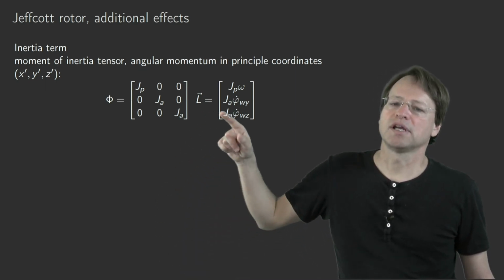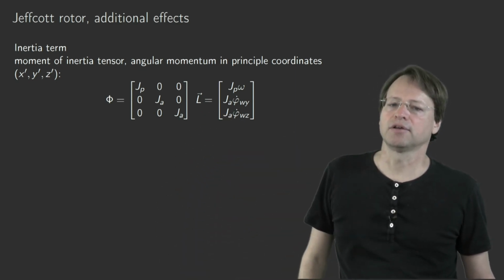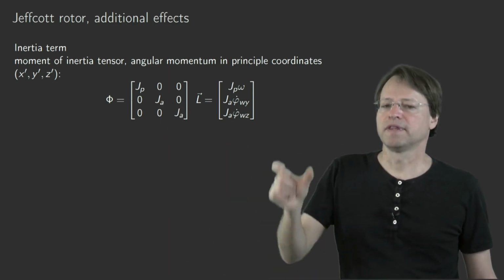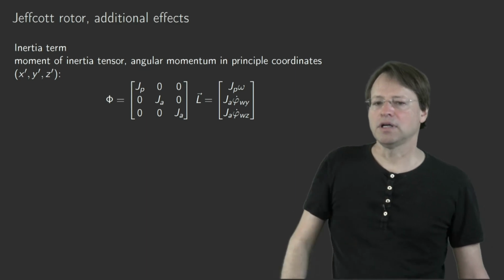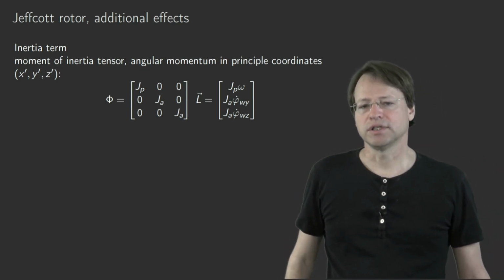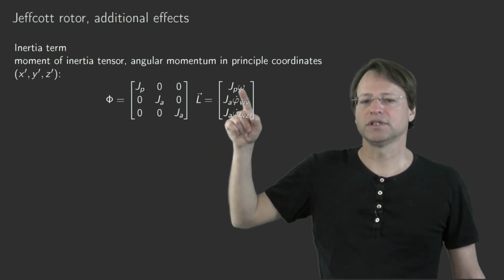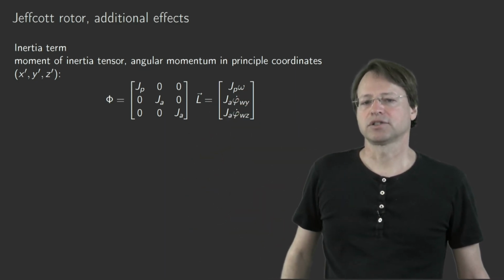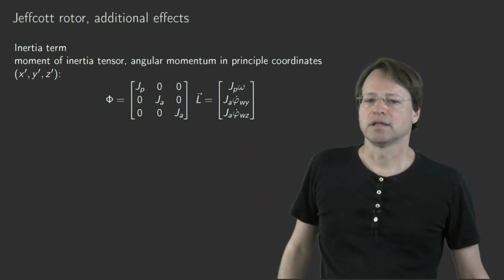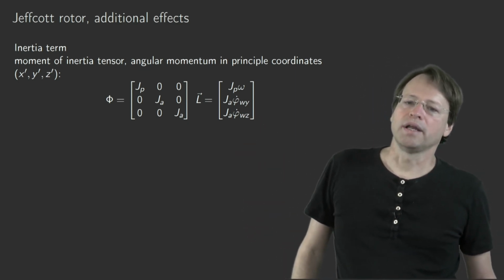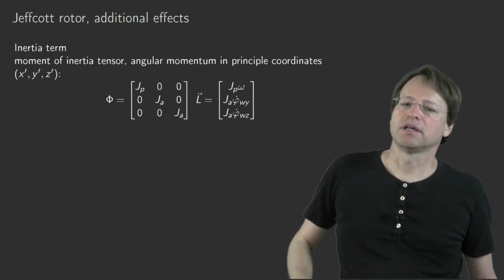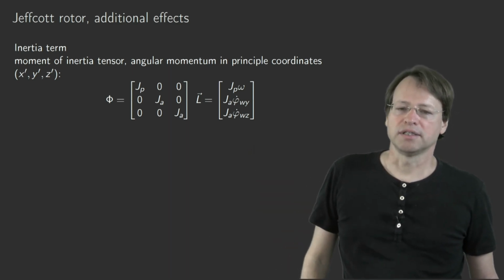When it comes to the angular momentum, you obtain the angular momentum by multiplying phi with the vector of rotational velocities. The rotational velocity in x direction is omega. The rotational velocities in the y and z prime direction would be phi dot y and phi dot z.